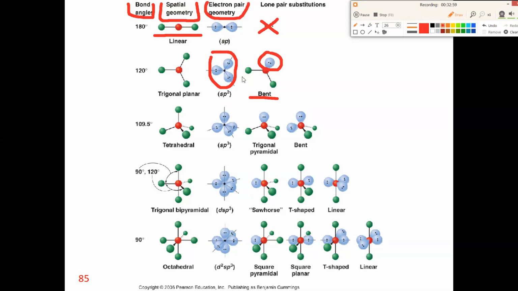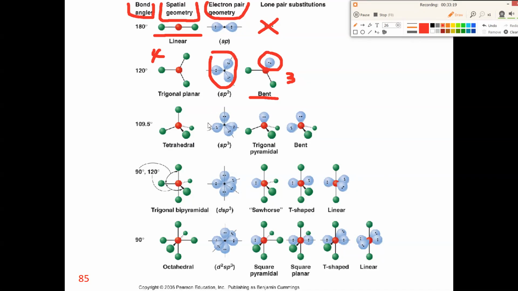When we talk about the geometry, we don't think about this lone pair, because you're not going to see it, because electrons are much smaller. You only have 3 atoms, so it's bent. This one needs 4 atoms. This one only has 3 atoms, right?